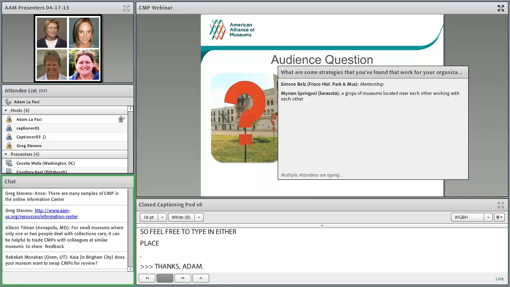I wonder if, Simone, you could elaborate a little bit on how you have found the policy used in mentorship a little bit more.